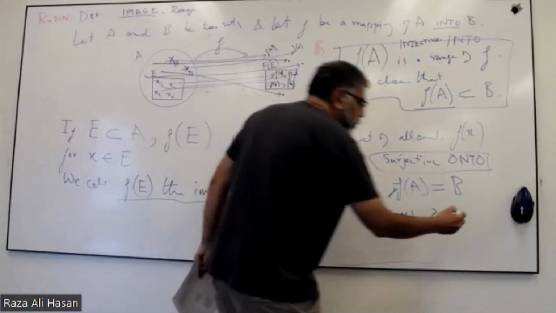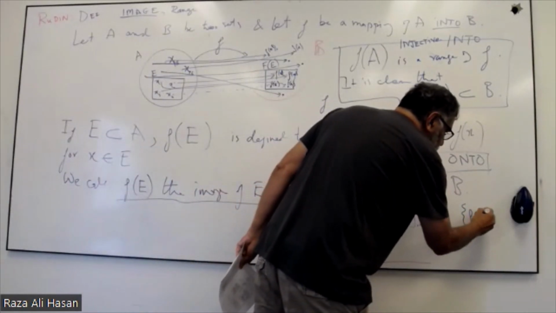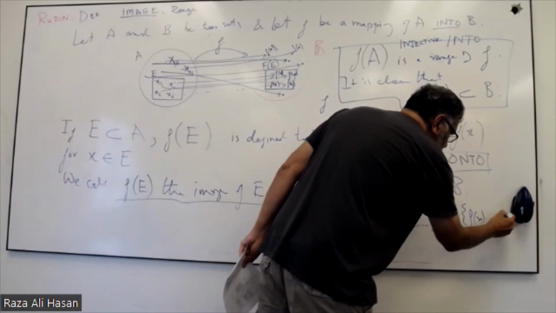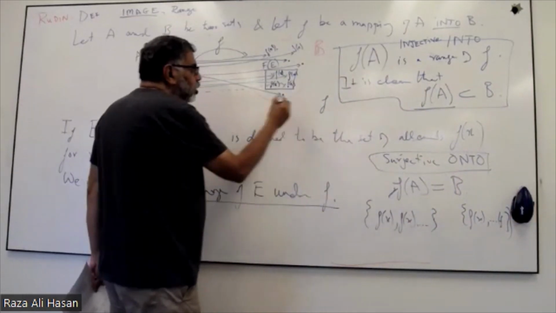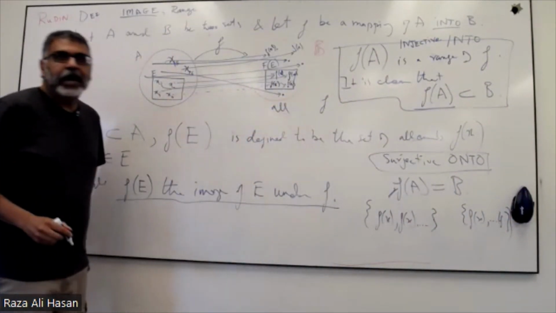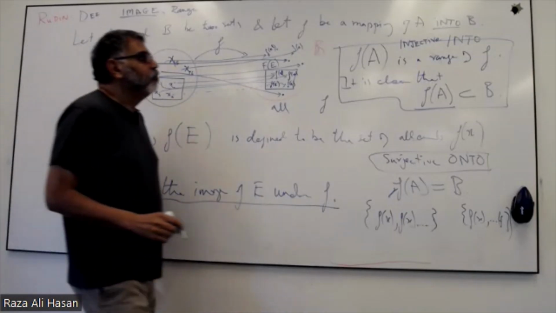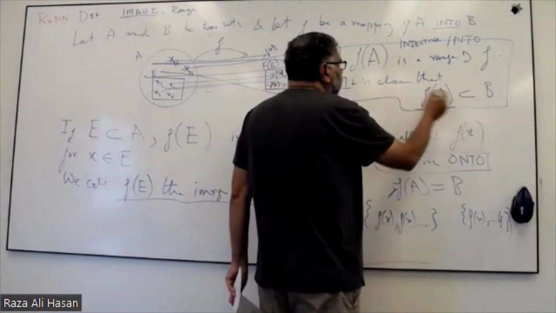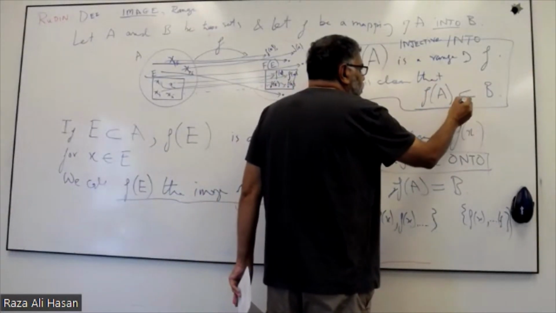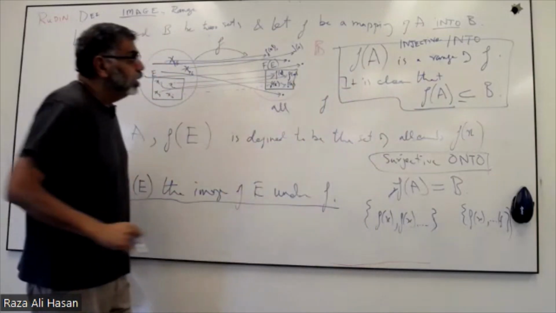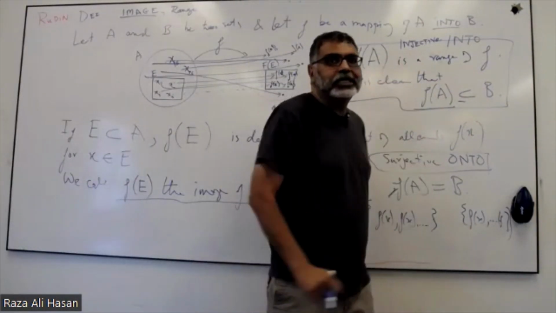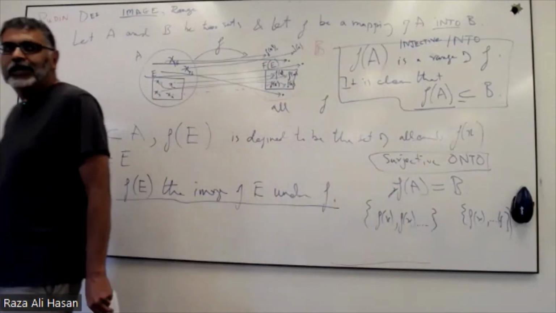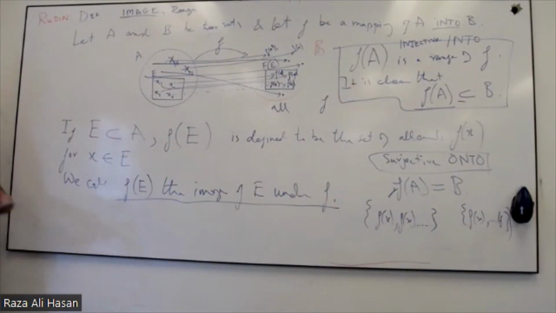What is B? B is also this, right? If these two sets are identical, then it's onto because all have arrows coming into it. Versus if the range is only a subset of the codomain, then it is into. Is that kind of clear? No? Okay, I'm going to go over that.